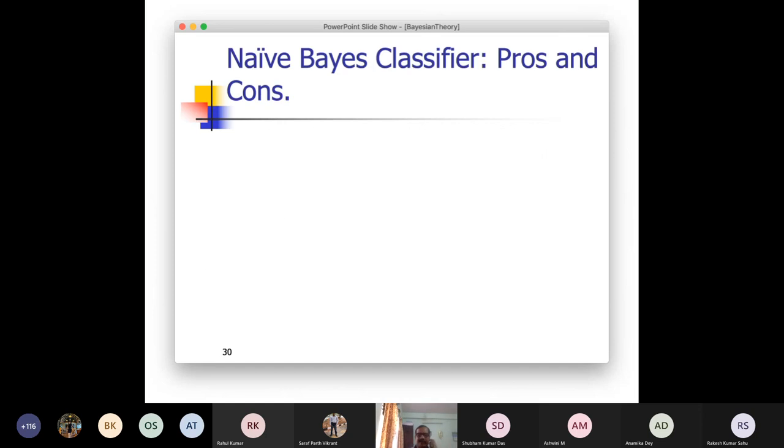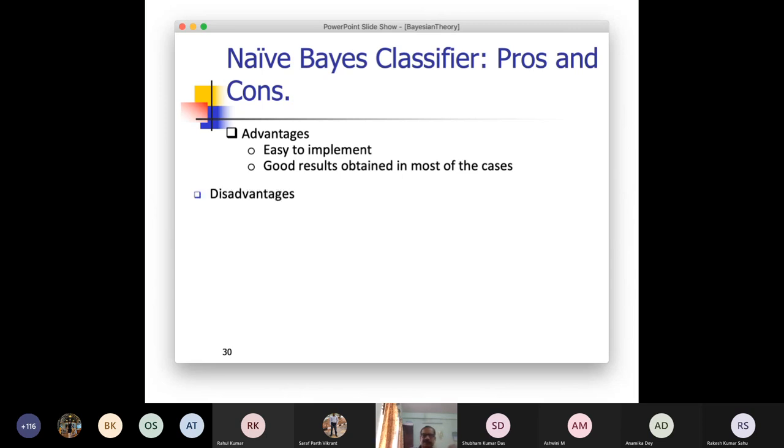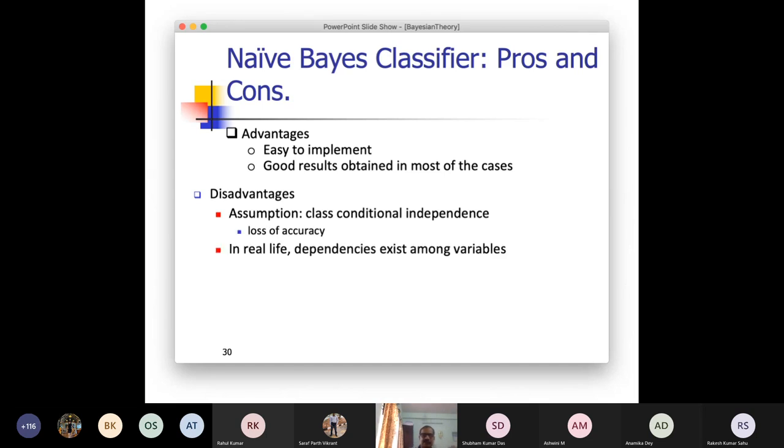So what are the advantages and disadvantages of the naive Bayes classifier? Let us summarize. One, as you can see, it is easy to implement, and sometimes you can get very good results in many cases. But there are disadvantages, like you are assuming that these attributes are conditionally independent given a class. Which may not happen. This assumption may not be true.